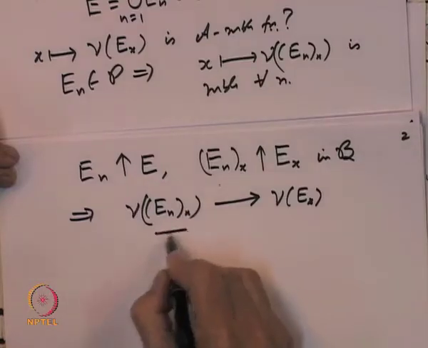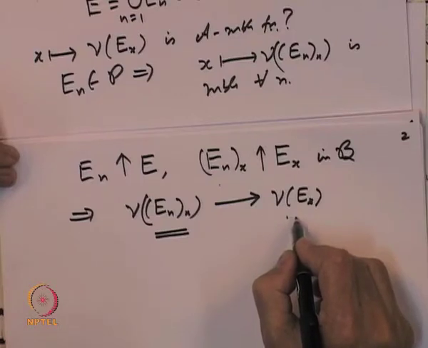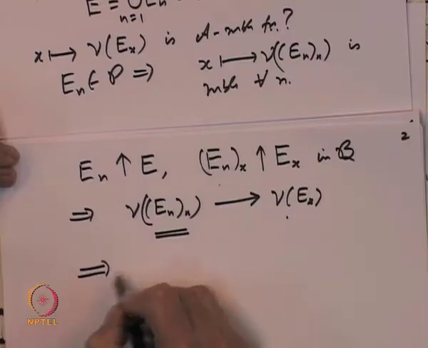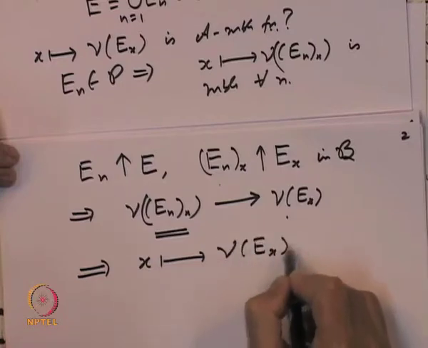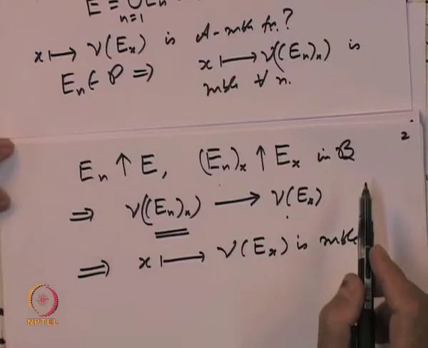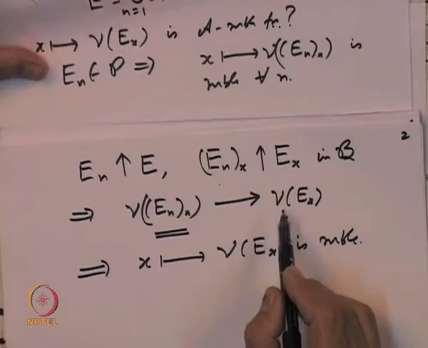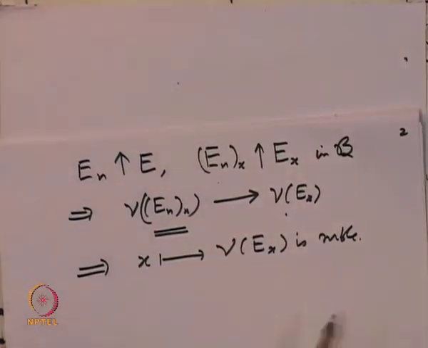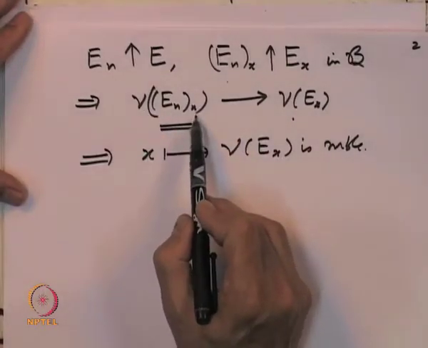Now, each one of them is a measurable function. So, nu of E x is a limit of measurable functions. So, that implies that x going to nu of E x is measurable. So, basically what we are saying is that the function x going to nu of E x is a limit of the functions nu of E n of x.